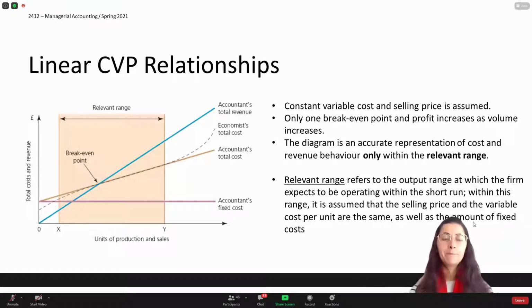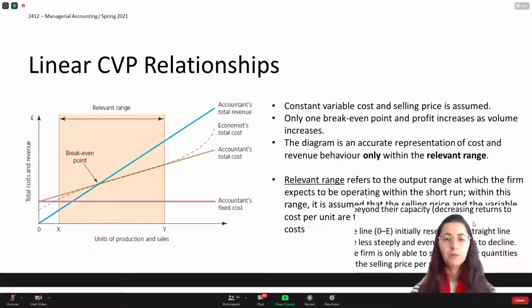As we saw in the previous slide, there is this curvilinear relationship. But in the short term, we can make these assumptions and assume a linear CVP relationship. So what do we have in this linear relationship? We have constant variable costs and selling price. This is an assumption. There's only one break-even point.